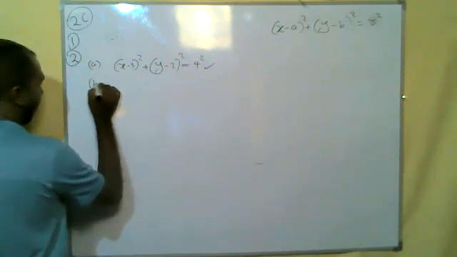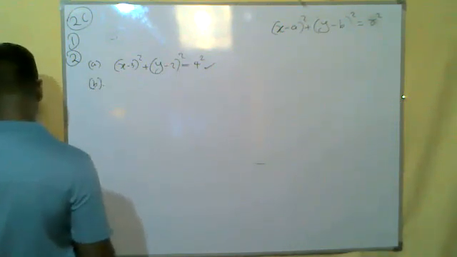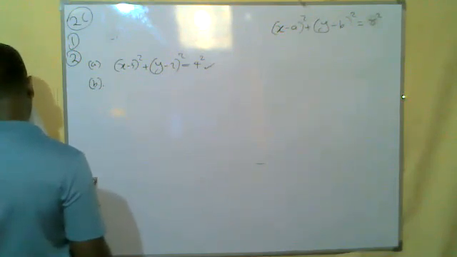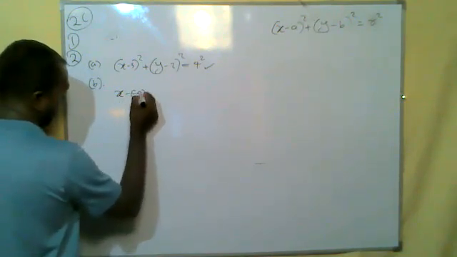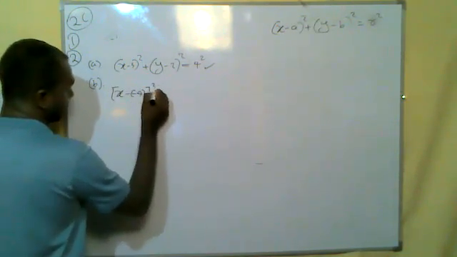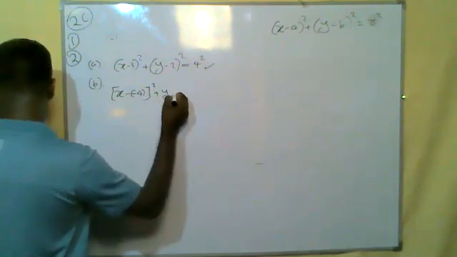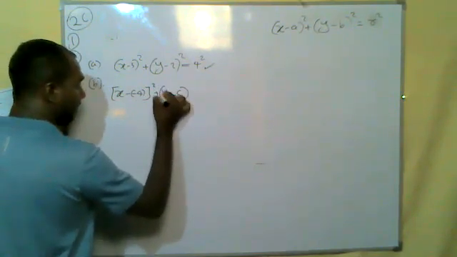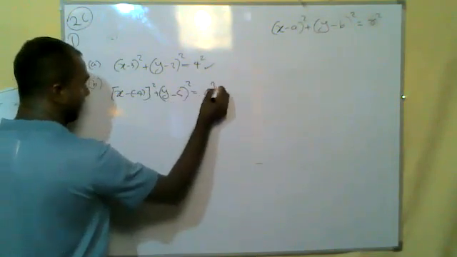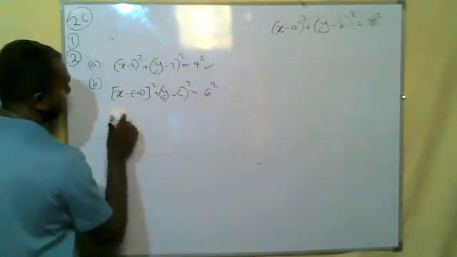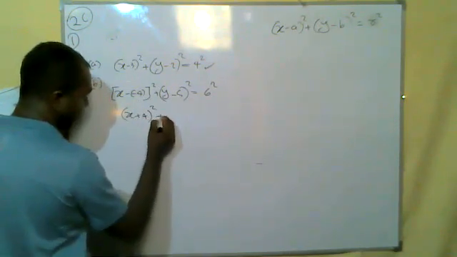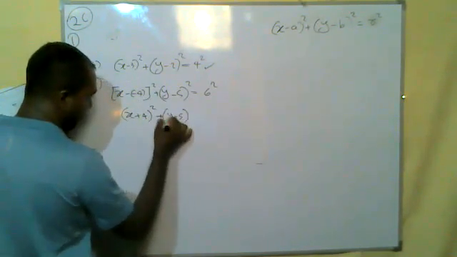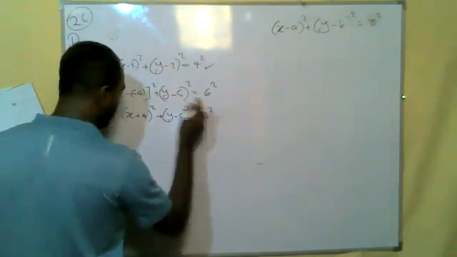Okay, (minus 4, 5) and radius 6. So (x minus minus 4) to the power 2 plus (y minus 5) to the power 2 equals 6 to the power 2. In these situations you can keep it as (x plus 4) to the power 2 plus (y minus 5) to the power 2 equals 6 to the power 2.